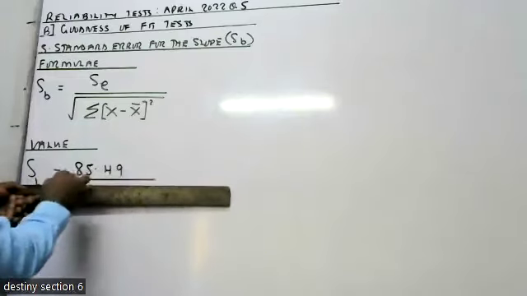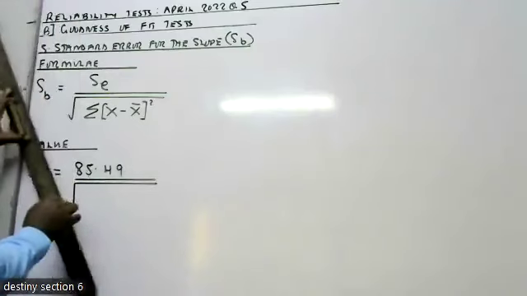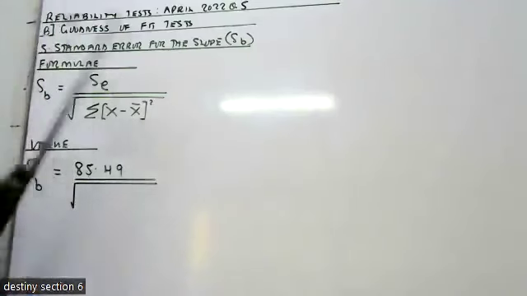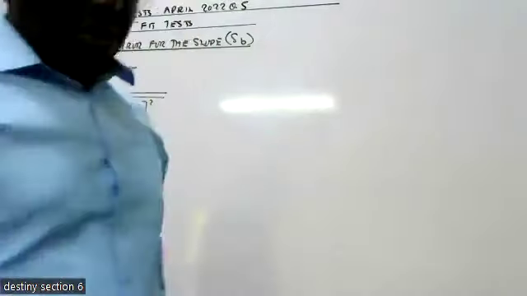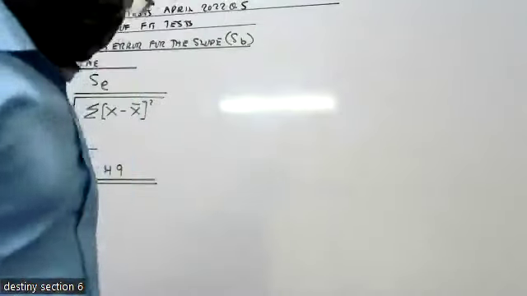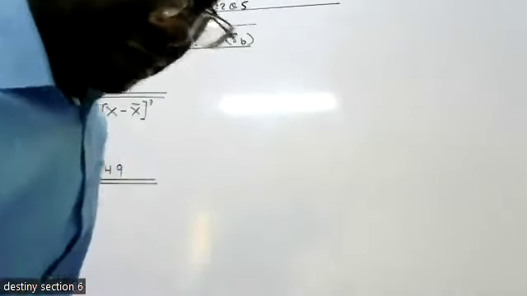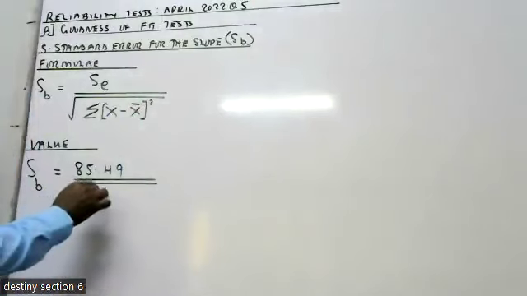Now this is supposed to be divided by the square root of, if you go to the table that we had drawn, the column of x minus x bar squared, the total we got was 1747.